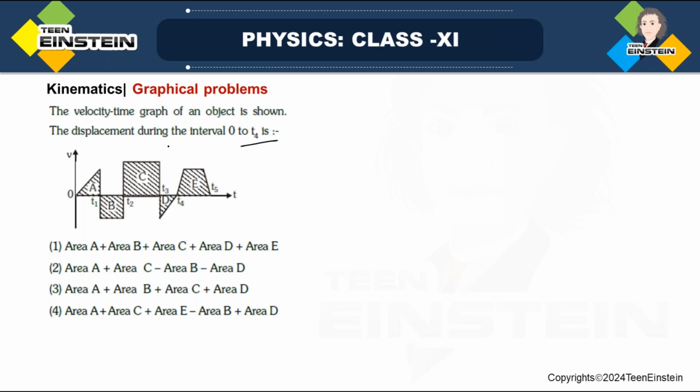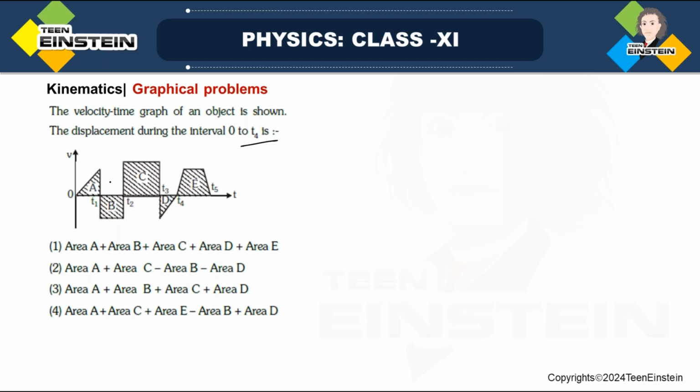Displacement has to be with proper notation. Displacement here would be the area under the VT curve with a proper sign actually. If it is negative, then negative. If it is positive, then positive.